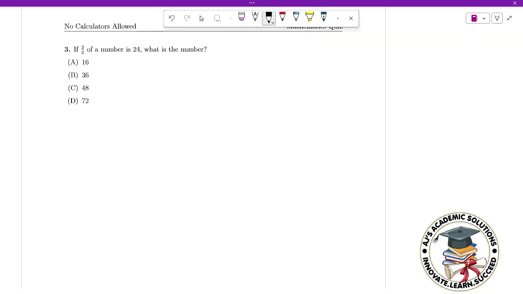So let the number be x. We're going to have 2/3 of a number, which is x, is equal to 24.